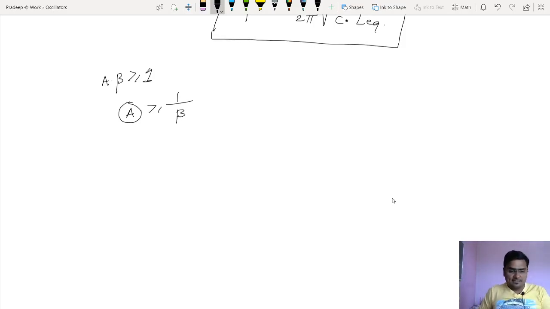So first I will try to draw an equivalent circuit. For example, see, this is my amplifier. At the output of the amplifier, there is a tank circuit. So let me draw the tank circuit also. Again, inductor.